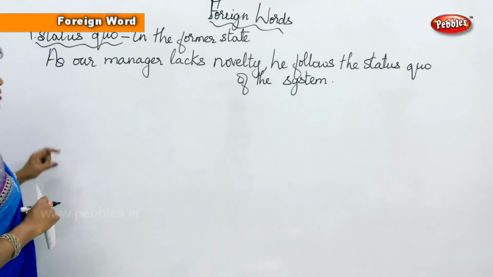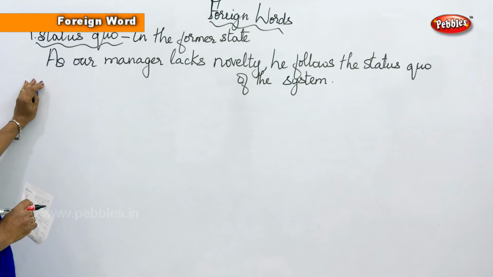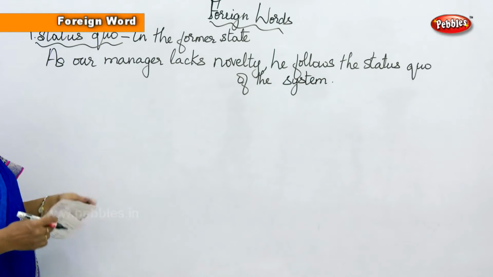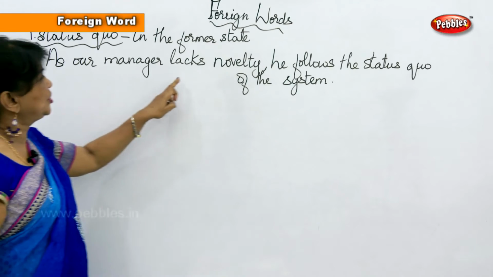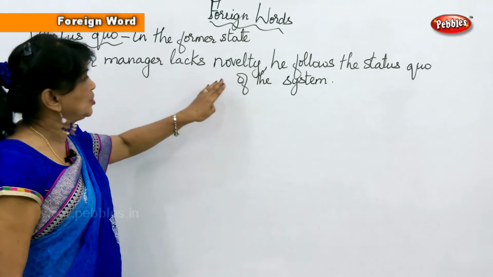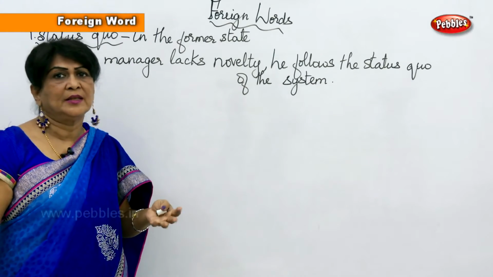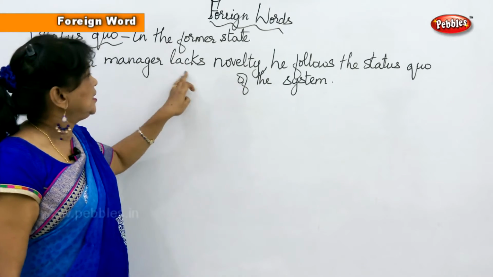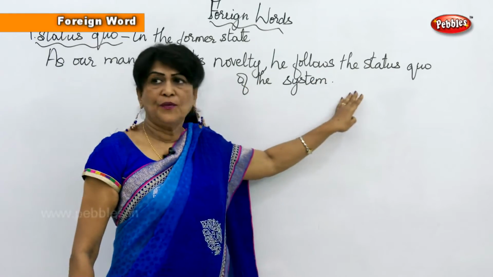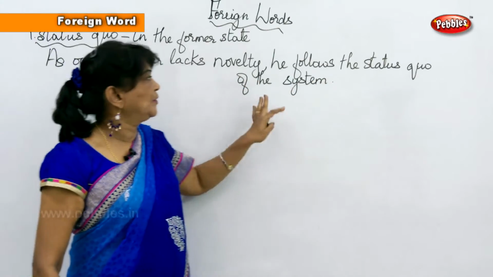Now you try to understand. Status quo means in the former state. As a manager he lacks novelty. Novelty means some newfangled ideas, some new ideas. As he lacks novelty, he follows the status quo of the system.